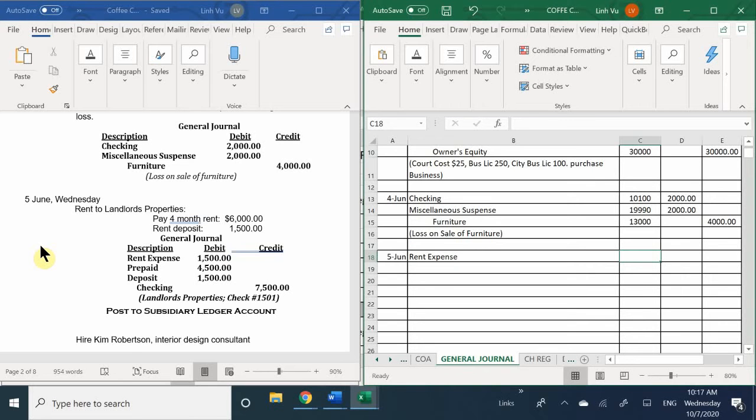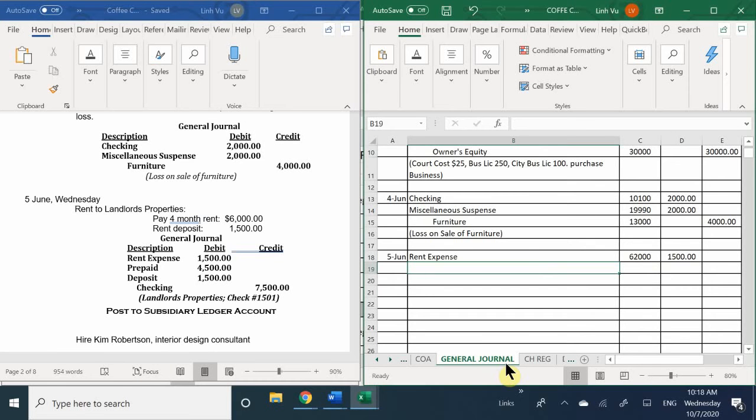What was the account number for that? 62,000. Good. And how much was my rent required for? It's for 1,500.